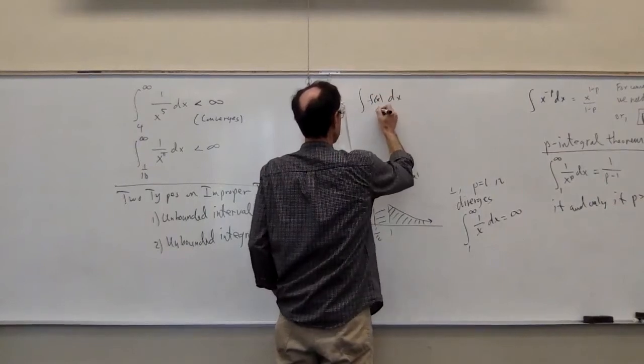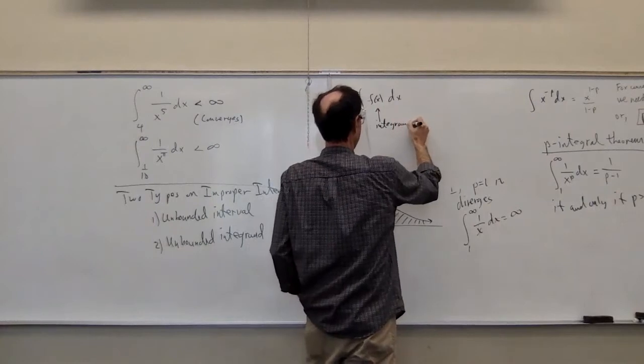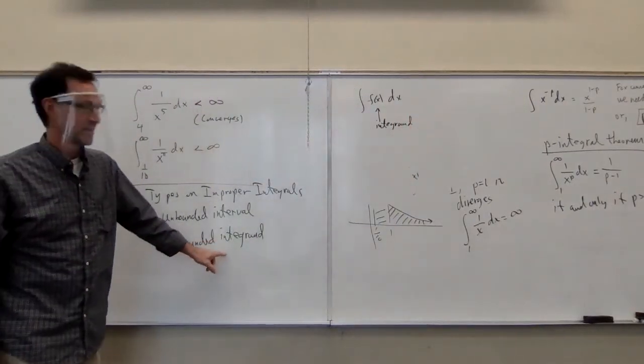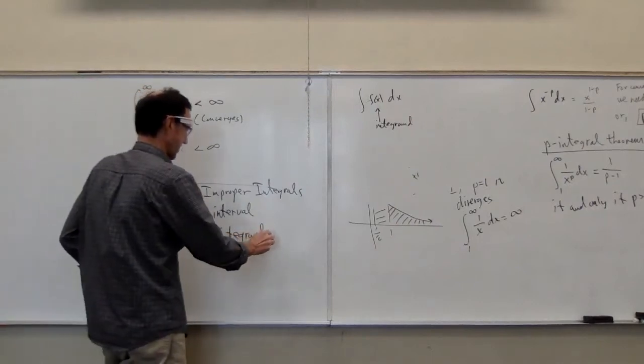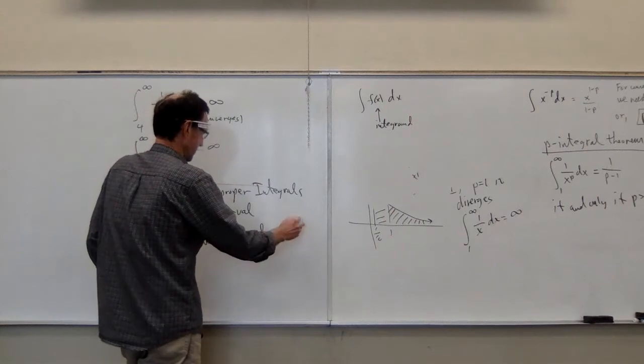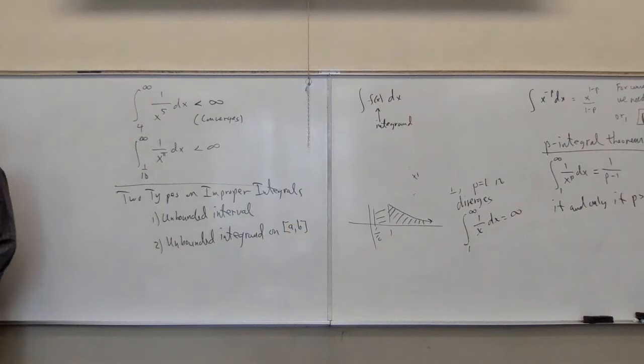Well, that function is called the integrand of the integral. And so what we have is a function that is unbounded on the interval, which our generic interval is a to b.